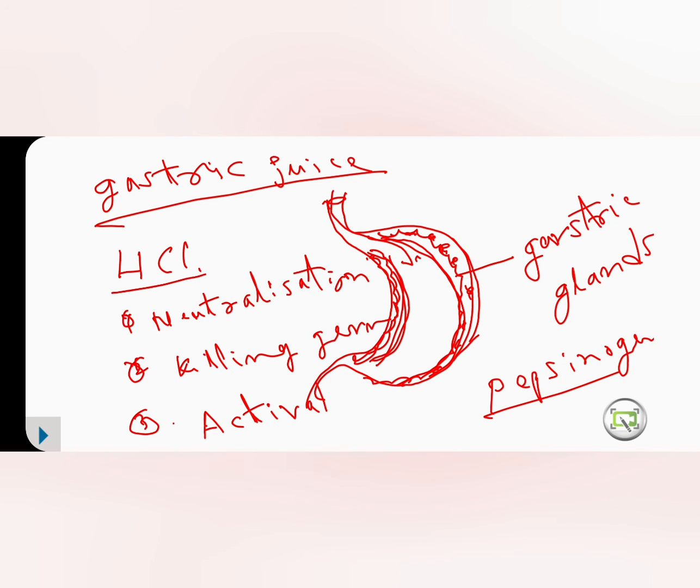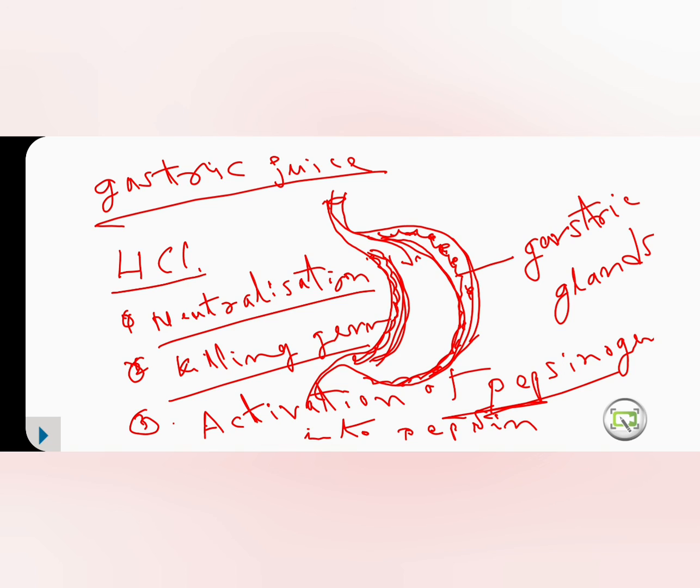So activation of pepsinogen into the active form, that is pepsin. So conversion of pepsinogen into pepsin, killing of germs, and neutralization of food are the functions of HCl. Thus HCl plays an important role in gastric juice.